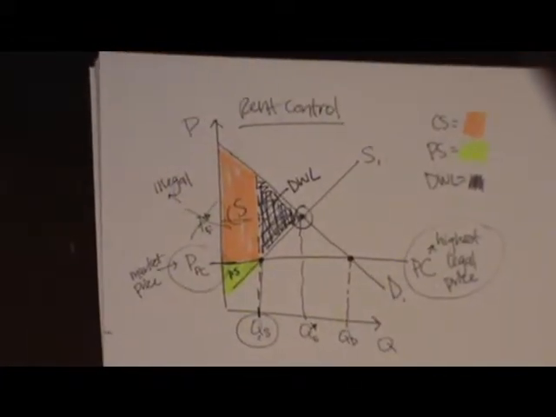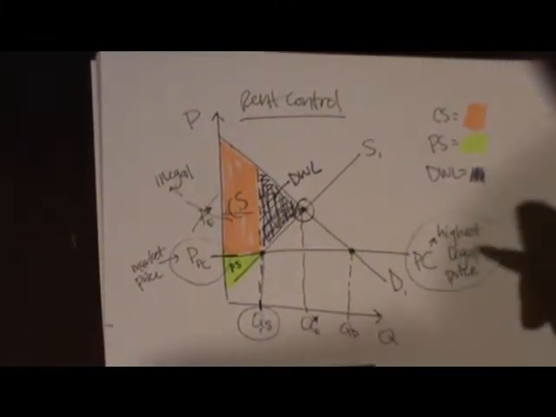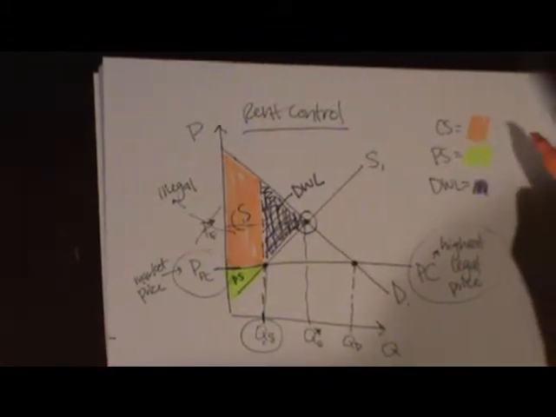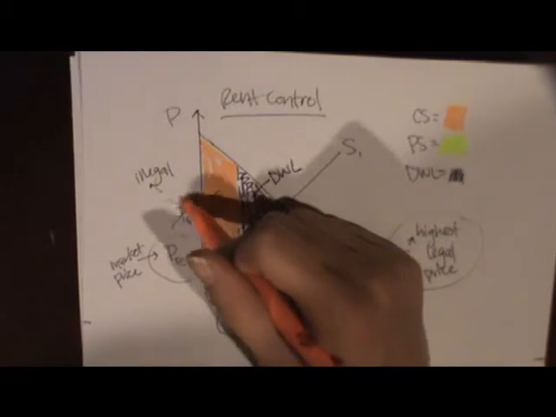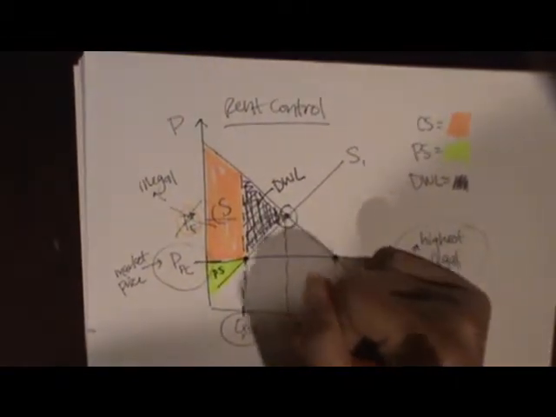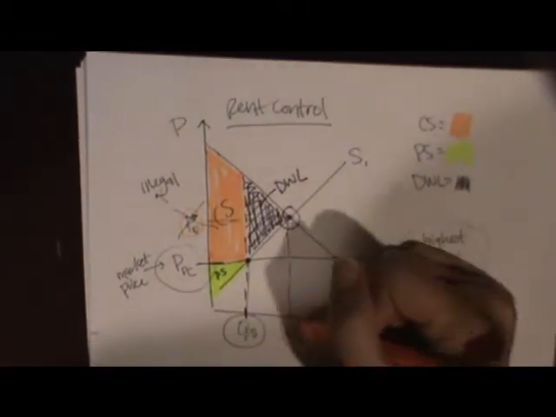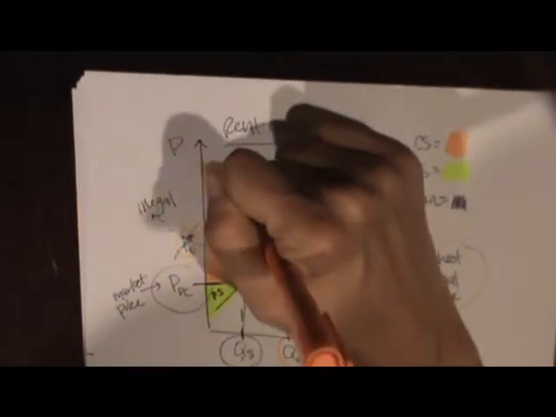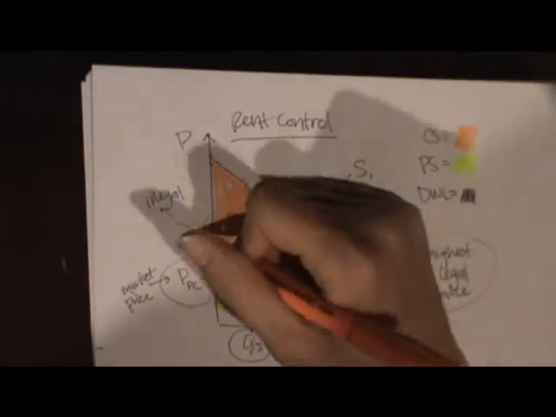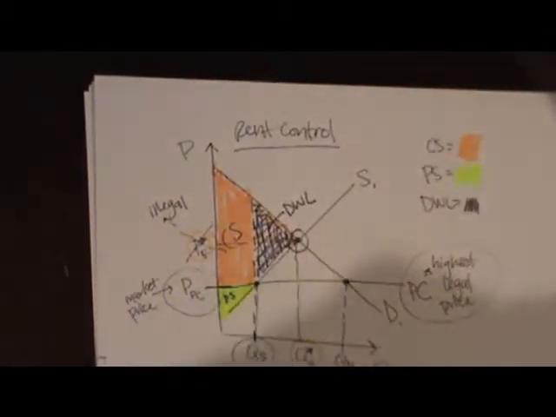Just for one more example, if we were to compare consumer surplus before to consumer surplus after, looking at our equilibrium price and quantity without the price ceiling, consumer surplus would have been everything under demand and everything above price.